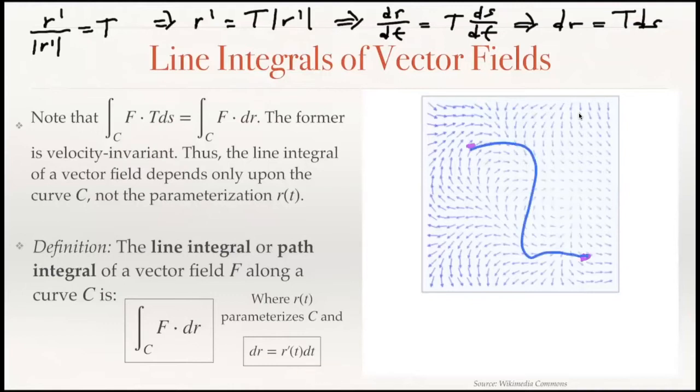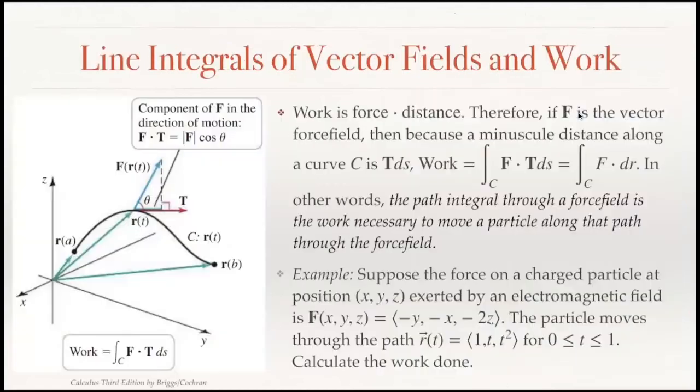One way to think about that is that if we, for example, move along this twice as fast, then we do it in half the time. So sure, moving along at twice as fast, our drs will be twice as long, but we do it in half the time, so it compensates for the dot products being twice as big, and you end up getting the same result. So that's a good way to think about it.